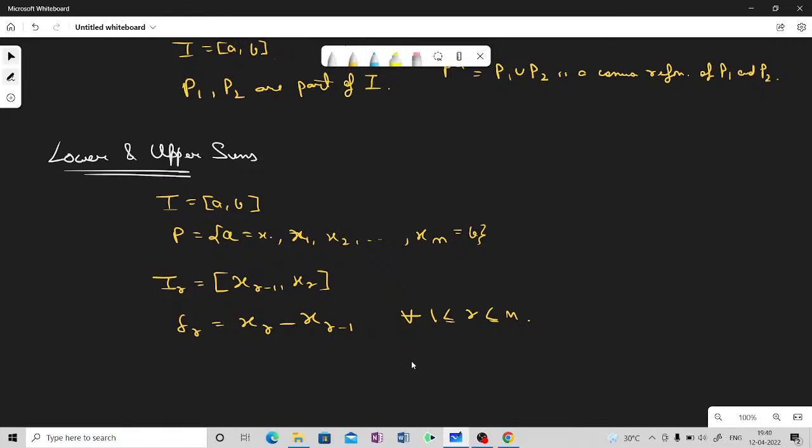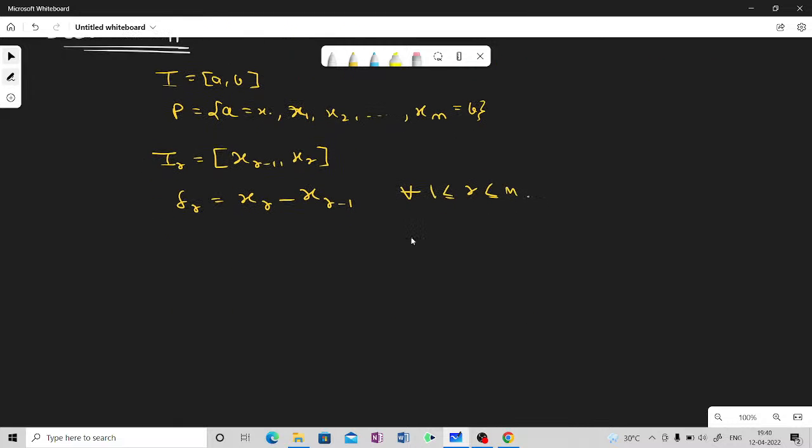Now we define some more terms. Small mr is the greatest lower bound of Ir, and capital Mr is the least upper bound of Ir.